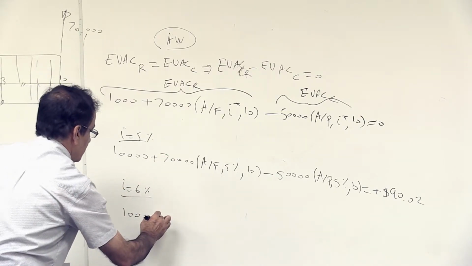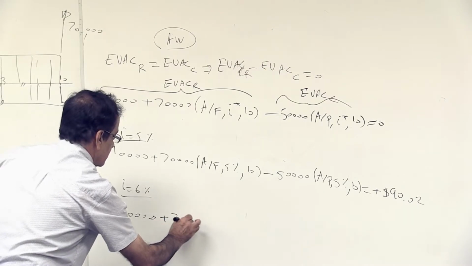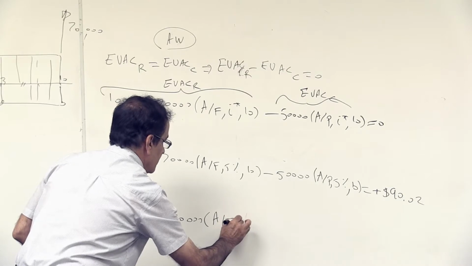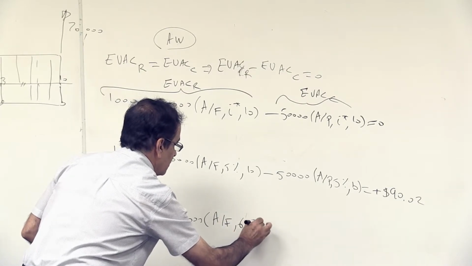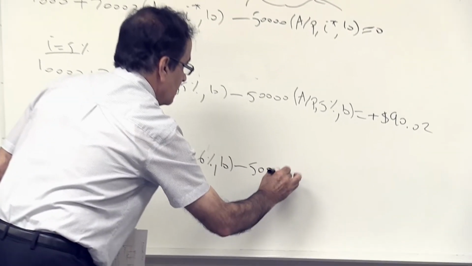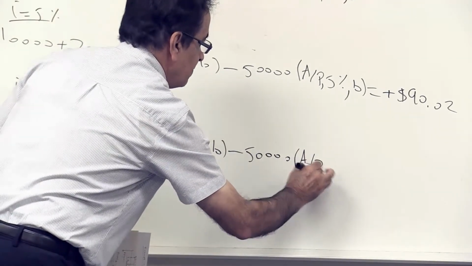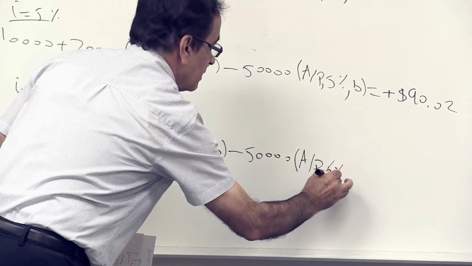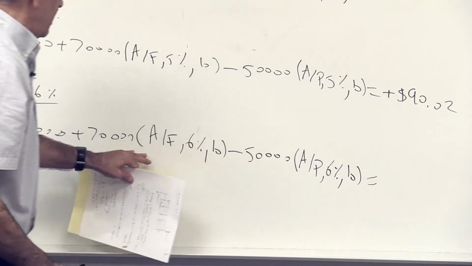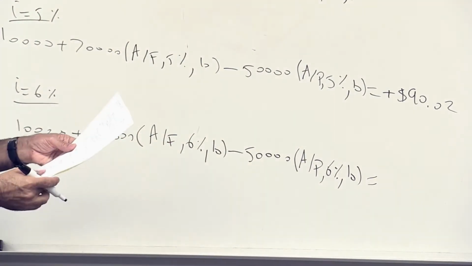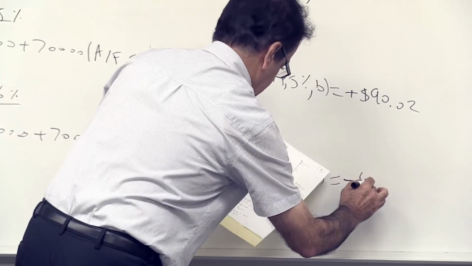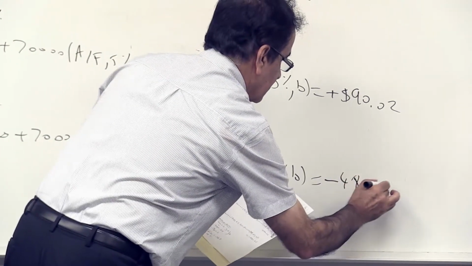So 1,000 plus 70,000, A given F, 6% and 10 periods, minus 50,000 times A given P, 6% and 10 periods. If you find those factors from the table, this time you're going to get a negative $480.26.